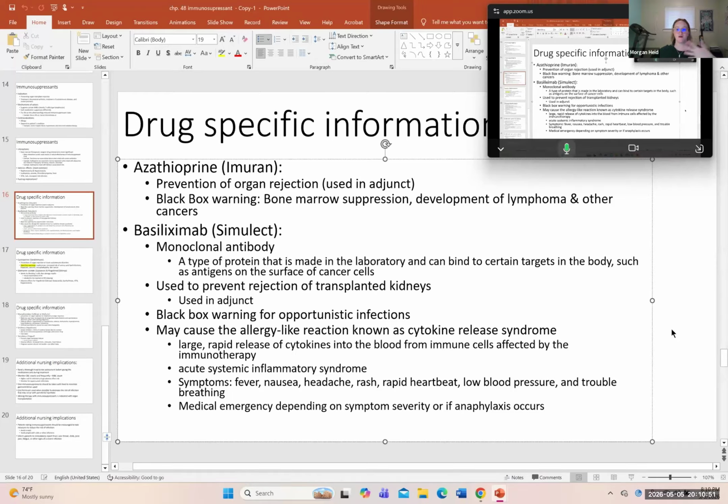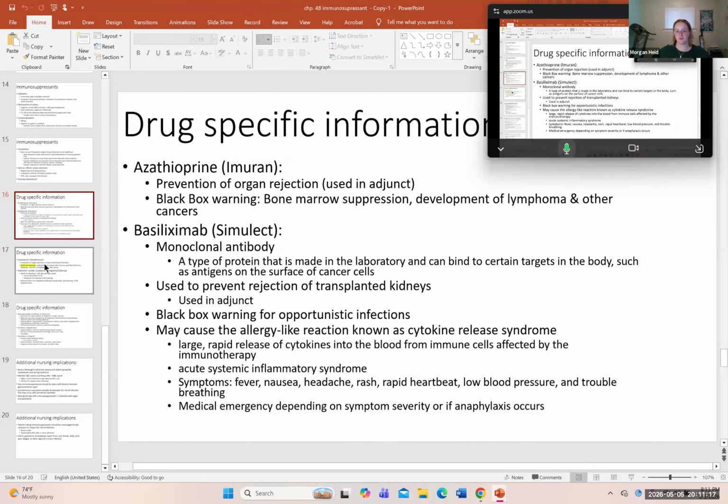So you're going to see symptoms like possibly angioedema, decreased blood pressure, fast heart rate. Does this make sense? And then I have to give you epinephrine to treat it. Are we good to move on to the next drugs?